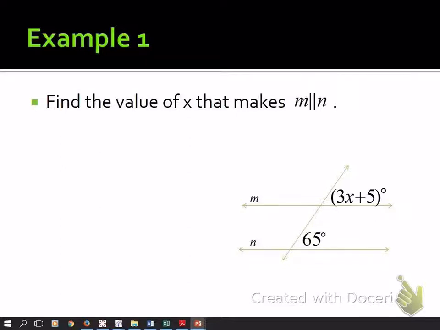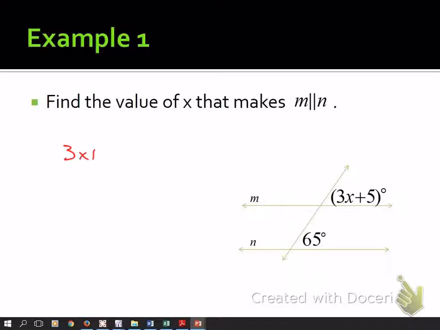One of the ways we can use this converse of the corresponding angles postulate, right? So we've got this diagram here, and we want to figure out what value of x would make line M and N parallel. Well, what would have to be true about those two angles if line M and N were parallel? Now, they're corresponding angles, so they would have to be congruent.